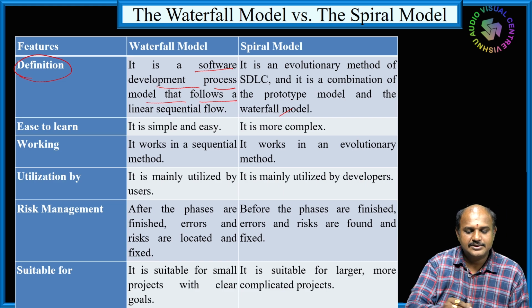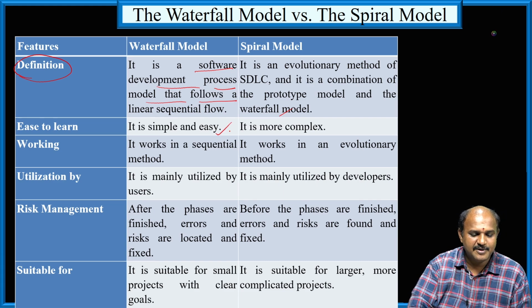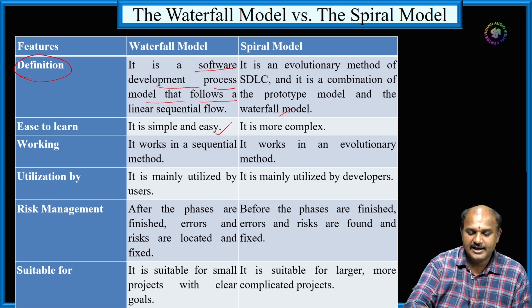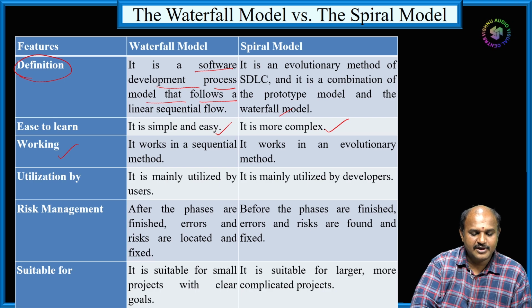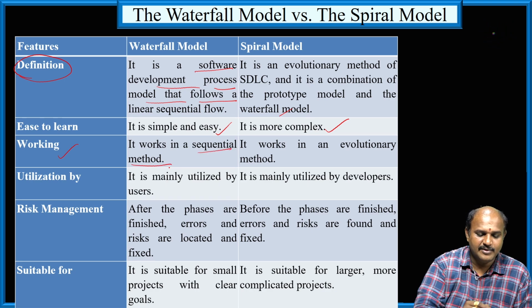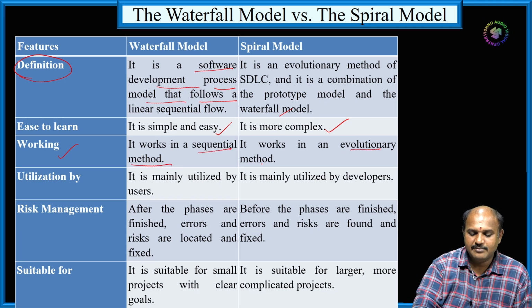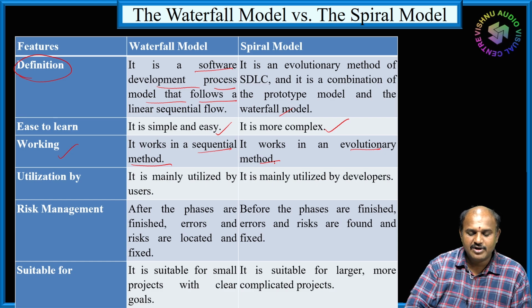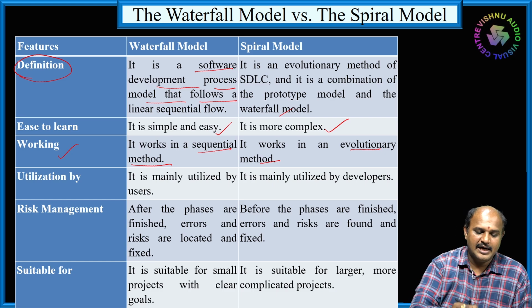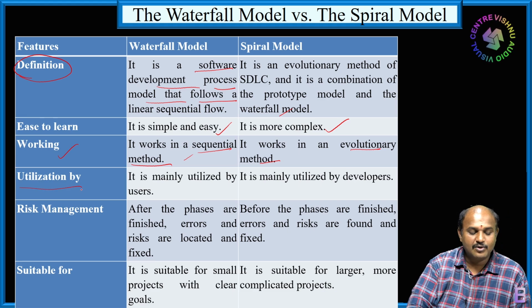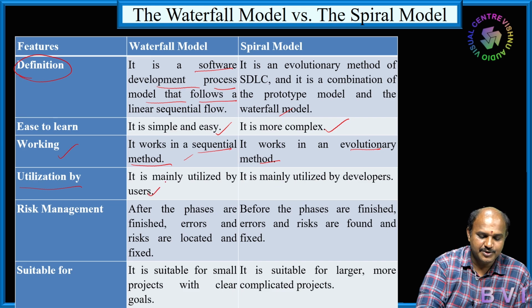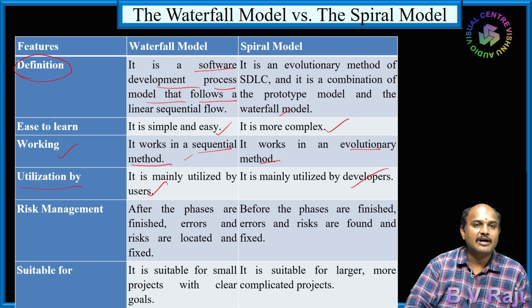The waterfall is easy to learn; I already explained, it is simple and easy, and the spiral is more complex. Going to the working, waterfall is a sequential method, spiral is an evolutionary method. It is dynamically evaluated, while in waterfall the sequence must be followed. Next, utility: waterfall is utilized by users, spiral is utilized by the developers.